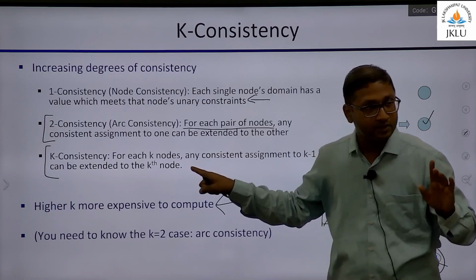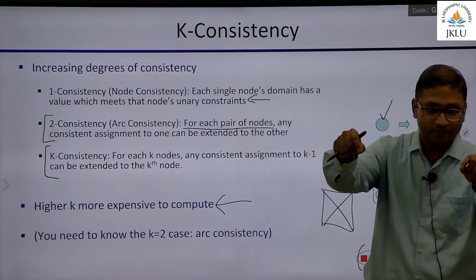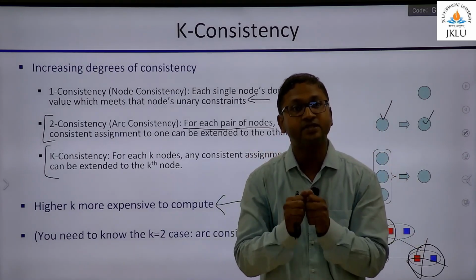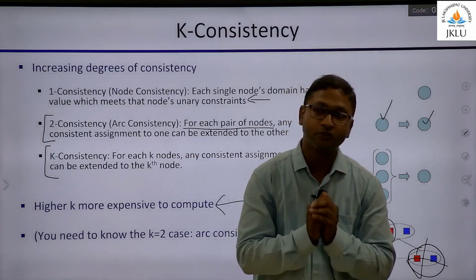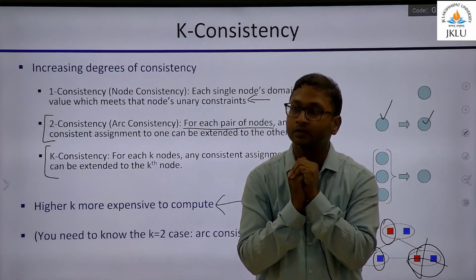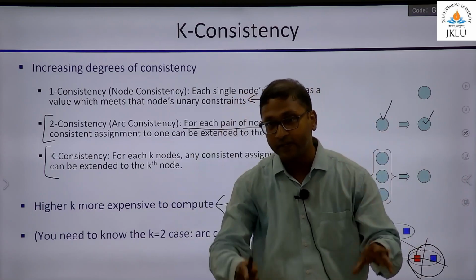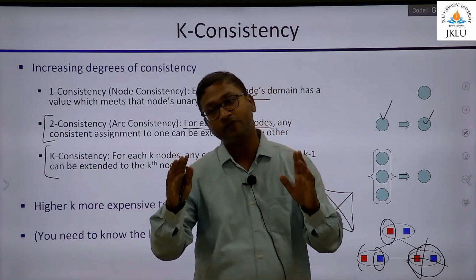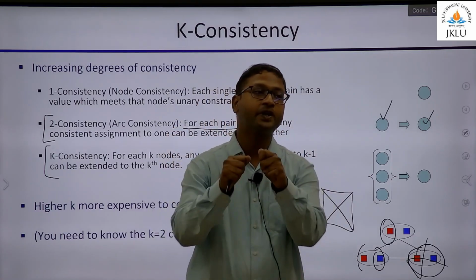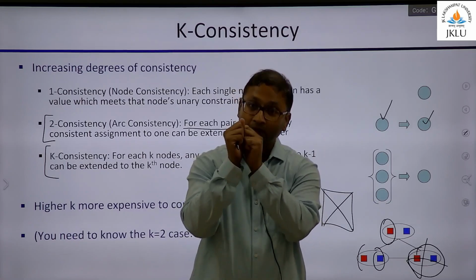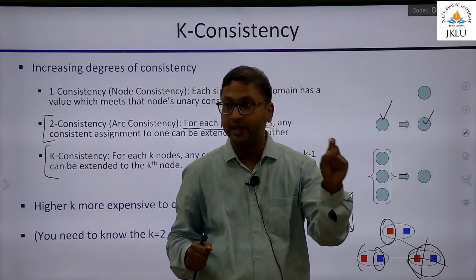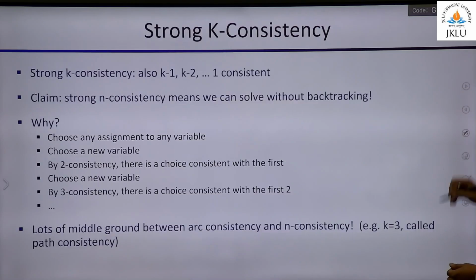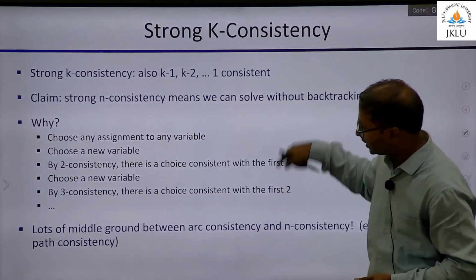In this case, you can have easy problems that will admit easy solutions, but there will always exist such instances of the problem which you won't be able to solve in polynomial time for any algorithm. We don't know how to prove it, but that's what we believe. We believe NP complete problems are much harder than the problems that lie in P. So I think I'll stop here, and tomorrow we'll start with strong K consistency.